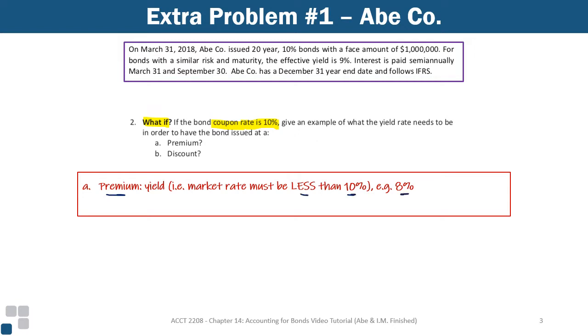So you go with 8% or 9% or whatever. And in the second case, in order to have a discount, the yield, of course, must be more than 10%, right? So you can go with 12%. So once you figure that part out, determining whether a bond is issued at a premium or discount becomes really straightforward.